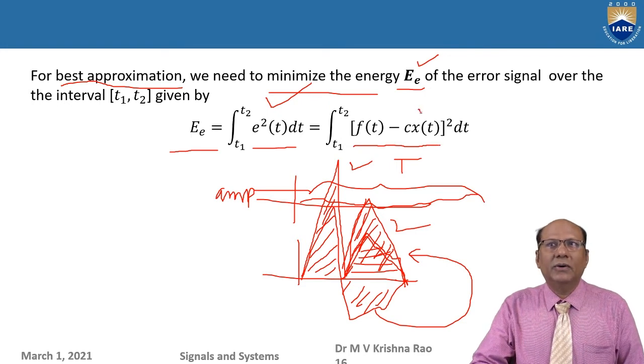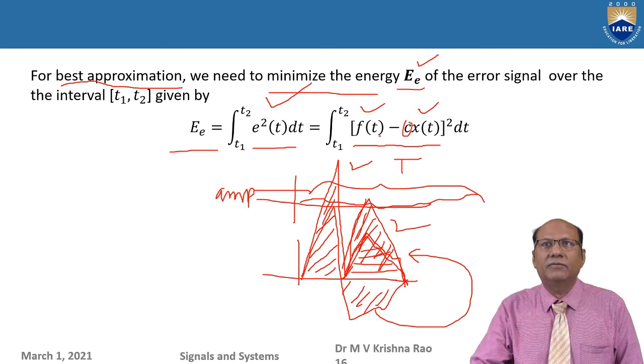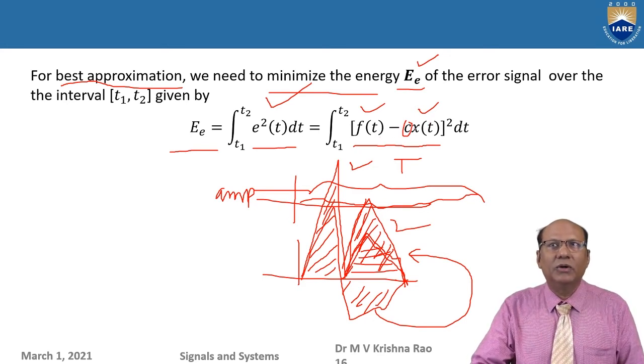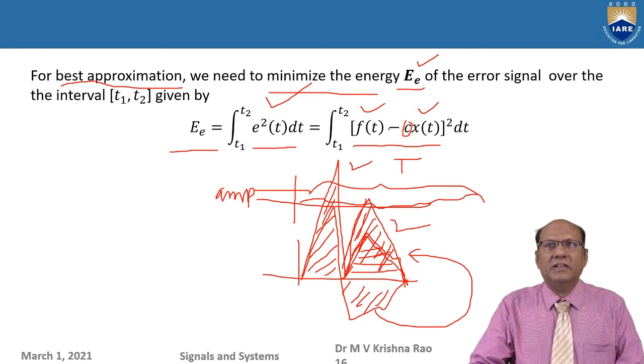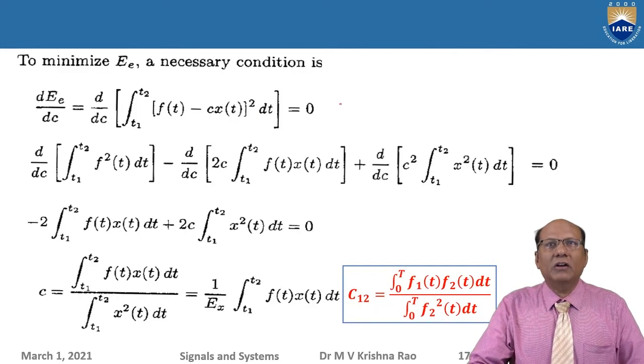Okay, x of t you know, and f of t you know, but this C quantity, how much part of x is inside the f, that you do not know. This fraction you don't know. So that C quantity is an unknown parameter. If you can solve for this quantity, that is C, you got the solution. So how to solve this one? I have the given parameter.